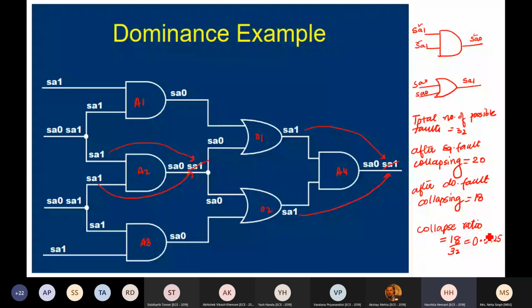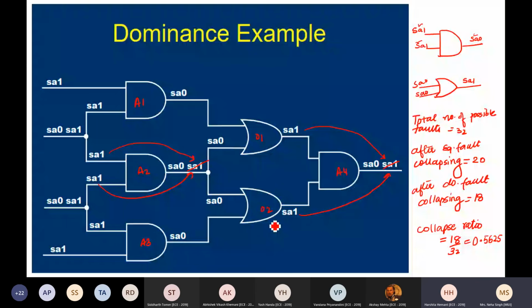Is it clear? Any problem in stuck at faults? Some problems on this stuck at fault and fault dominance and equivalence are given at the end of the chapter number 4 from Bushnell. You can work out with those problems, and if you have any issue, you can WhatsApp me or you can ask it in the class.